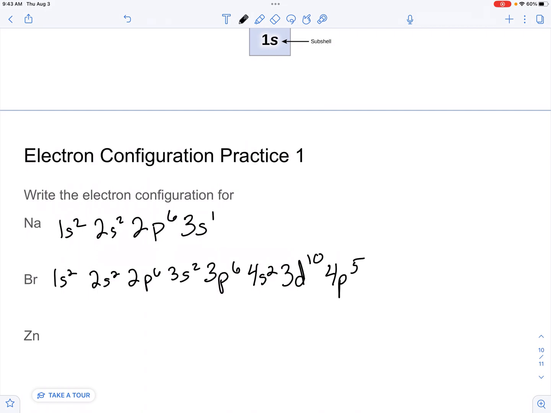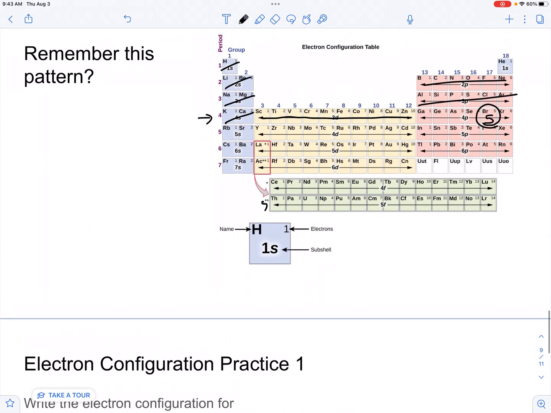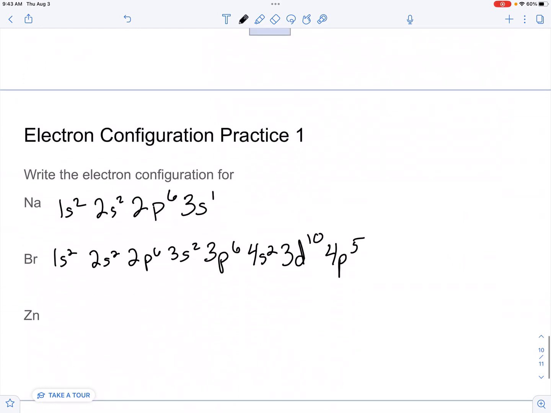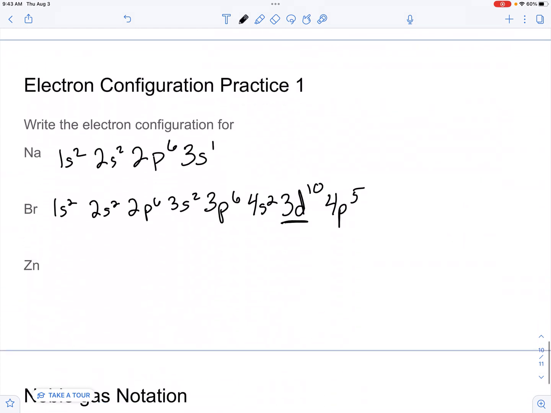All right, then for the last one, zinc. If you look at this pattern, you might realize zinc ends right there. That ends at 3d10. So again, the configurations always start the same.